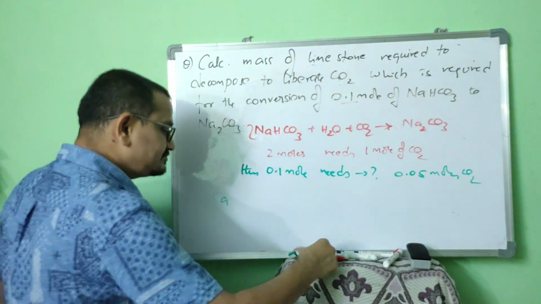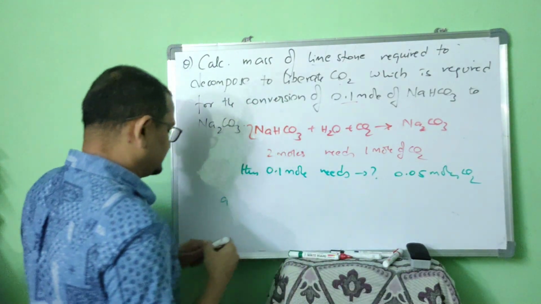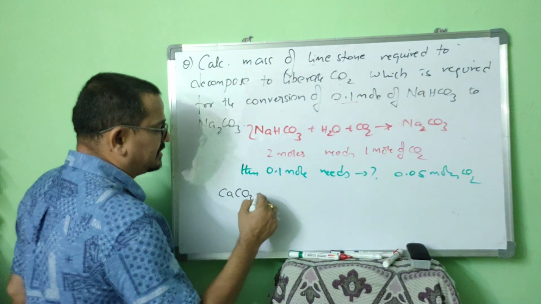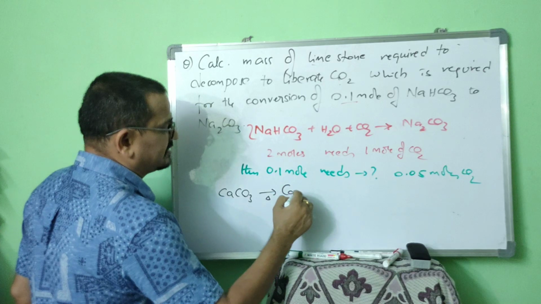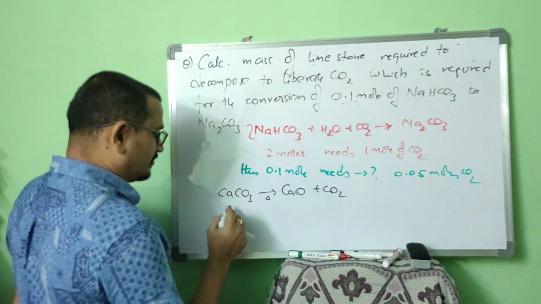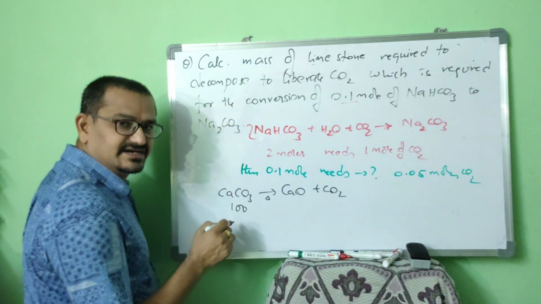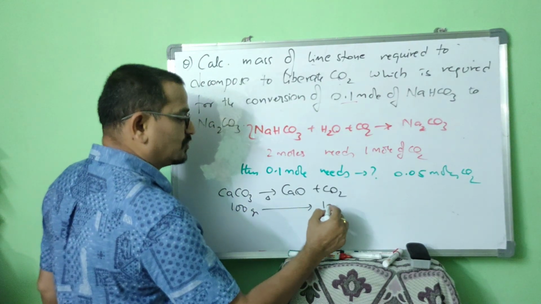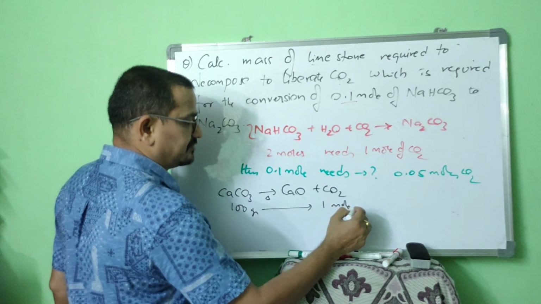See, calcium carbonate, CaCO3 on thermal decomposition gives CaO plus CO2, right? Now 100 grams, its formula mass is 100 gram, gives 1 mole of CO2.